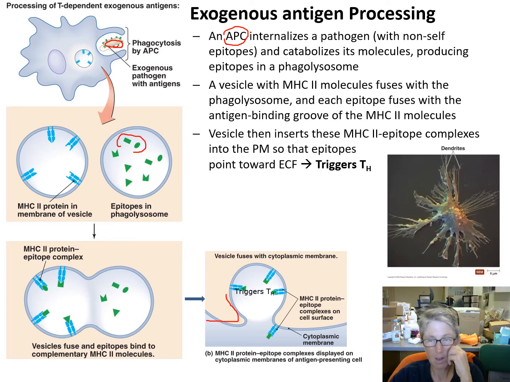If a T helper cell recognizes this epitope in an MHC2 complex, that'll trigger the activation of the helper T cell. And this is a scanning electron micrograph of an actual dendritic cell. So that's kind of cool.